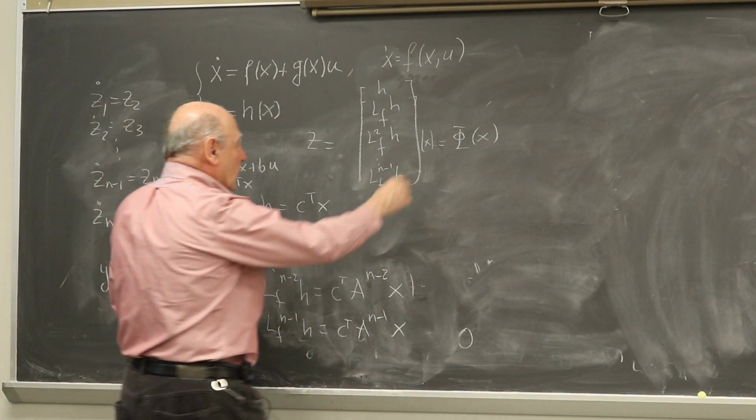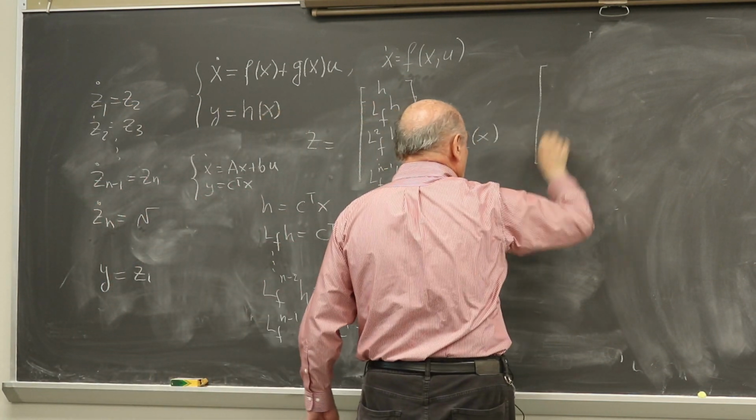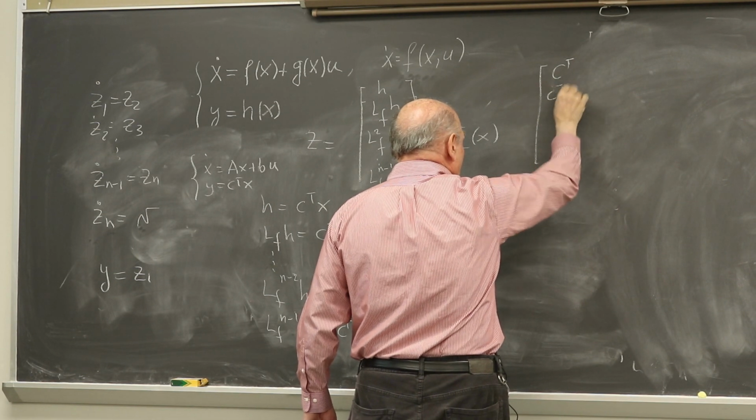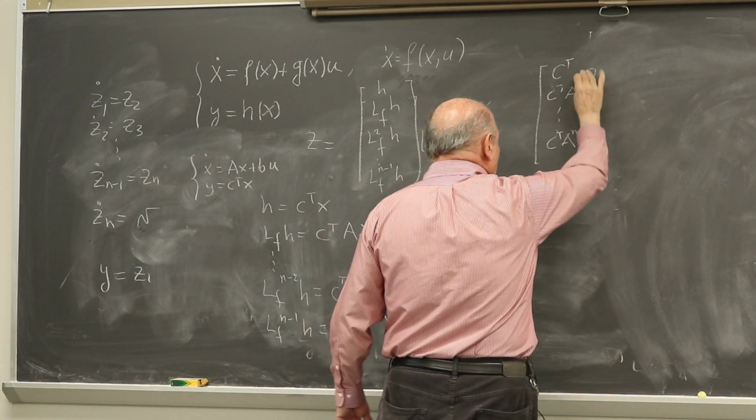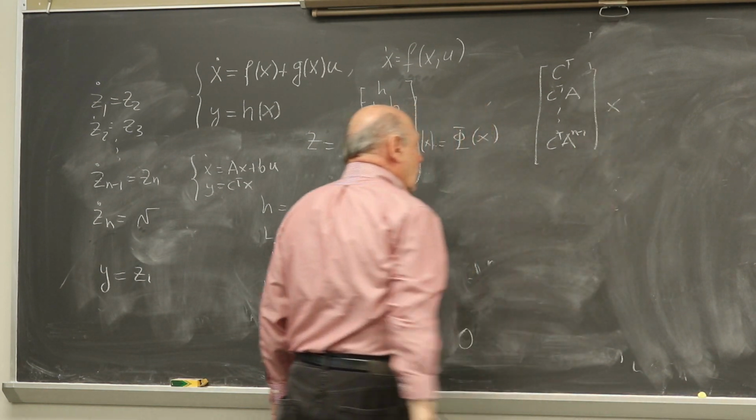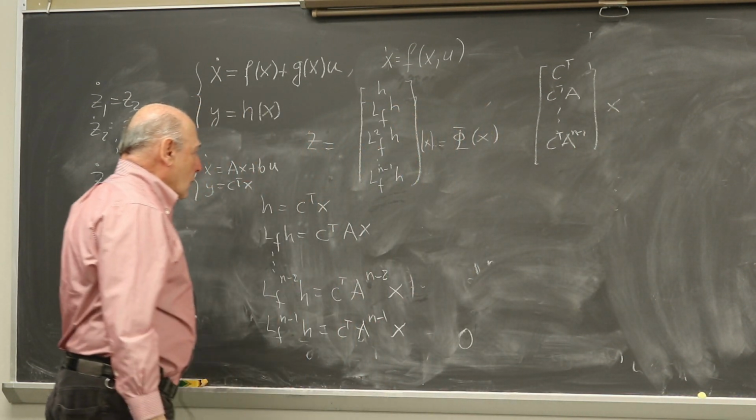So really, all this in linear systems is just the observability matrix multiplied by x. So if it's invertible, then you can calculate x.